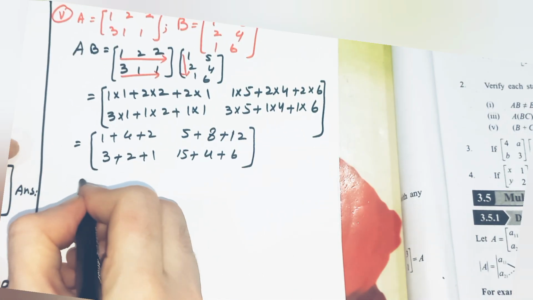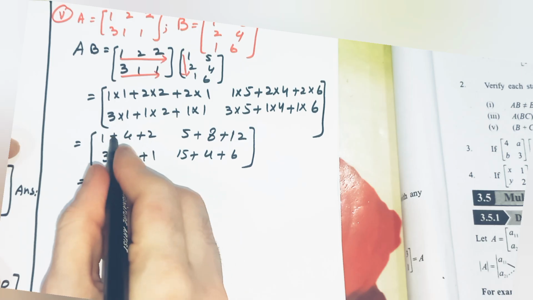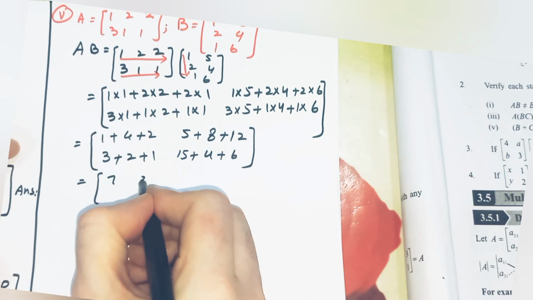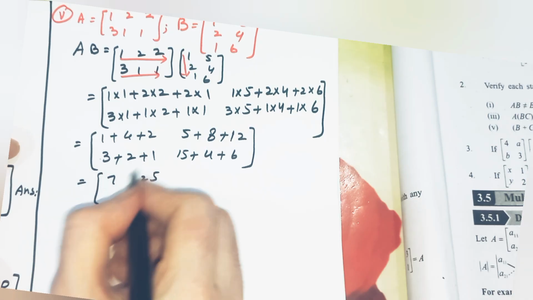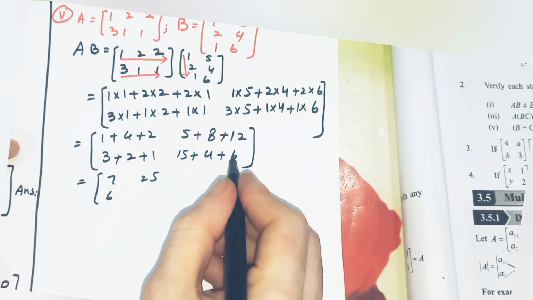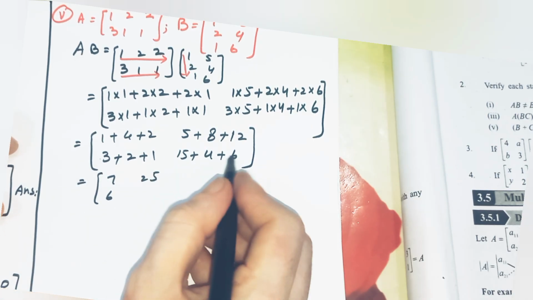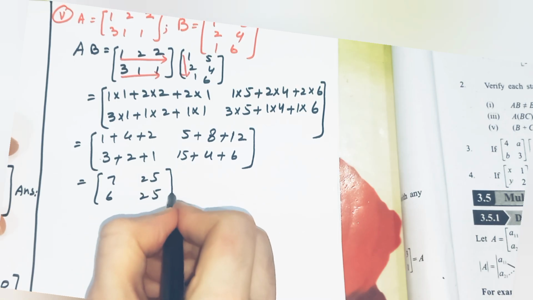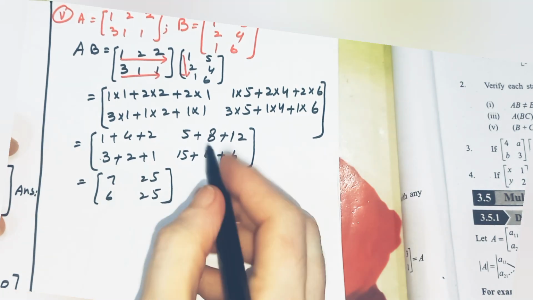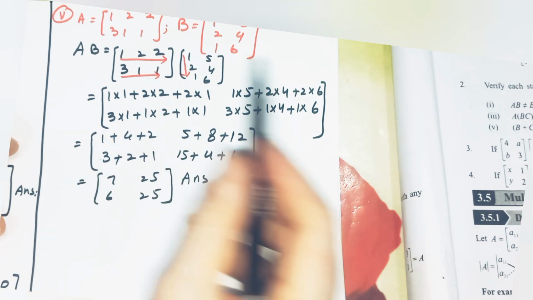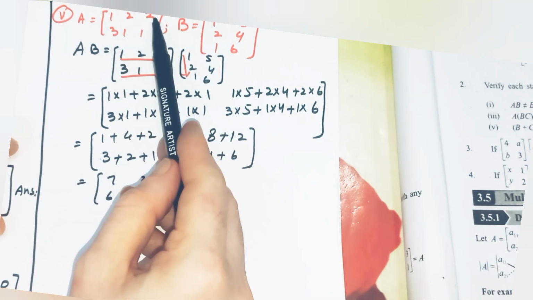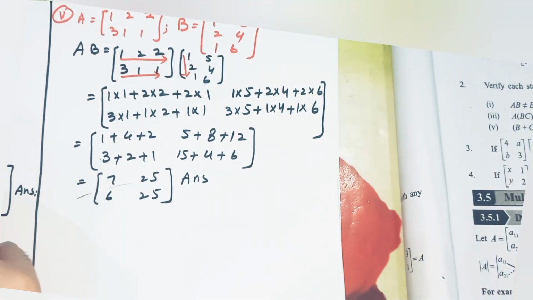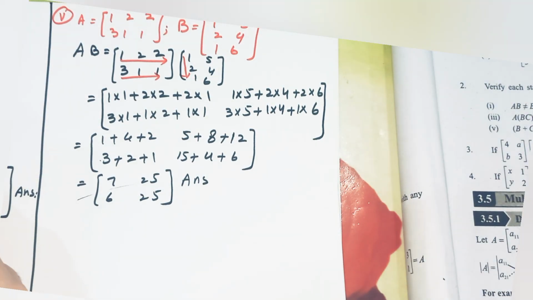Now here we simplify this question. 1, 5, 6, 7 and then 20 and 25. 3 plus 5 plus 6, 15 and 6, we get 10, 10 and then 20, 25. This is AB. Here as you see there are 2 rows and the answer is in 2 rows. All right, the next question is.